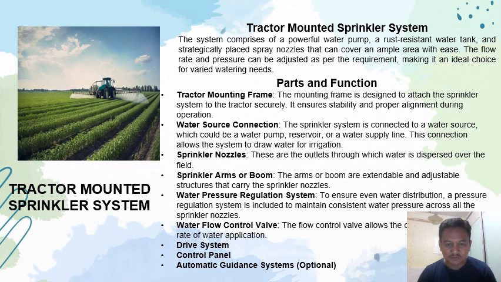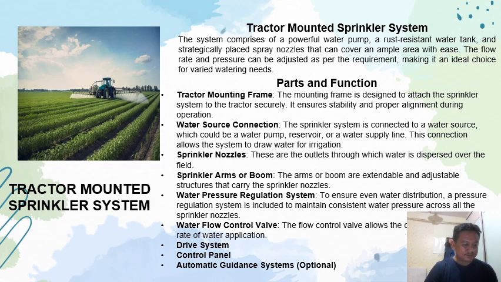Sprinkler nozzles: these are the outlets through which water is dispersed over the field. Sprinkler arms or boom: the arms or boom are extendable and adjustable structures that carry the sprinkler nozzles.